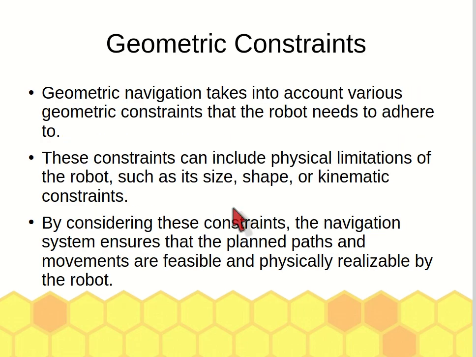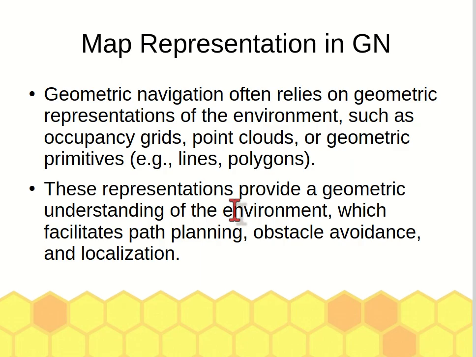Now, when it comes to representation, it can be an occupancy grid. You can use point cloud or geometric primitives like lines and polygons to represent the environment. So geometric navigation relies on this representation of the environment.